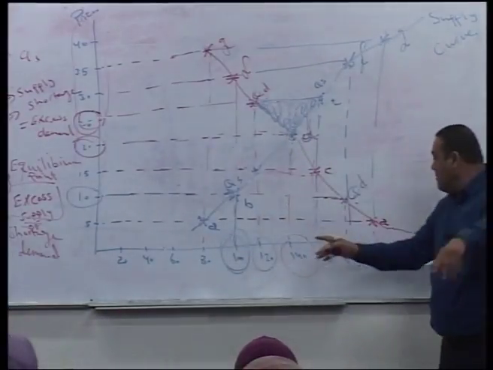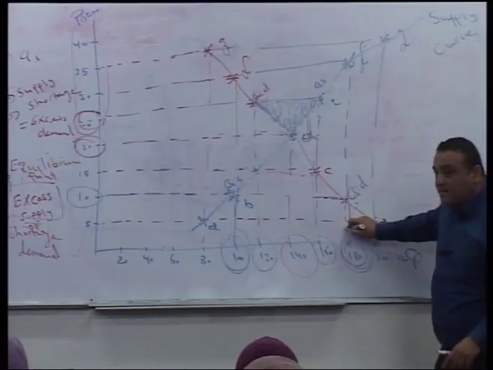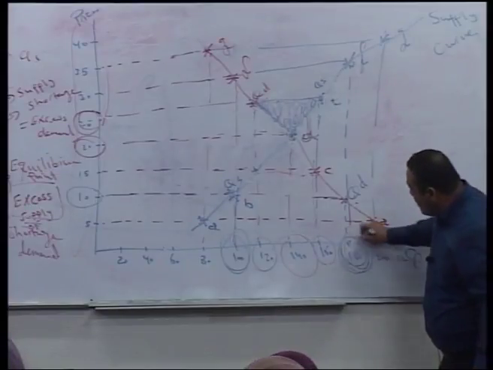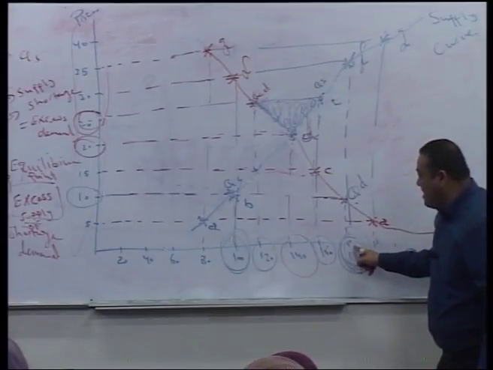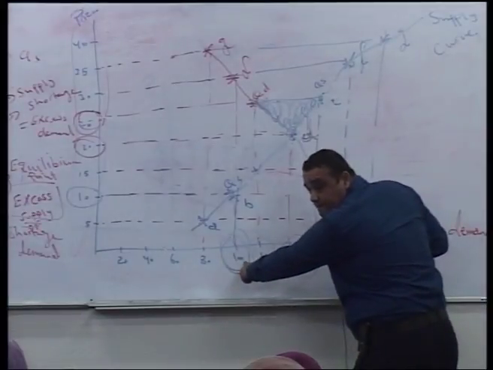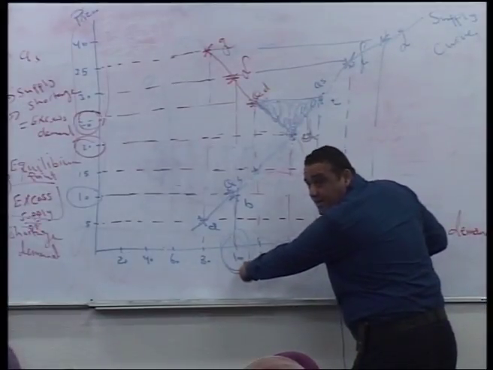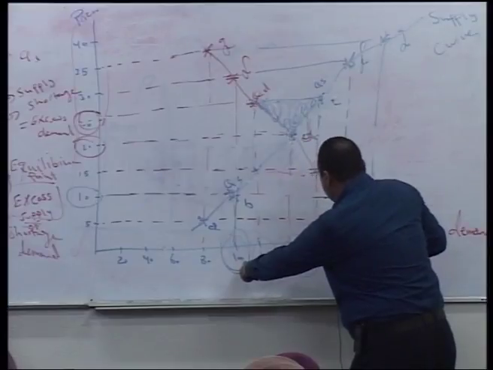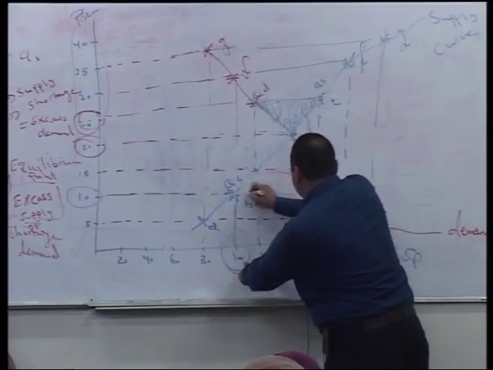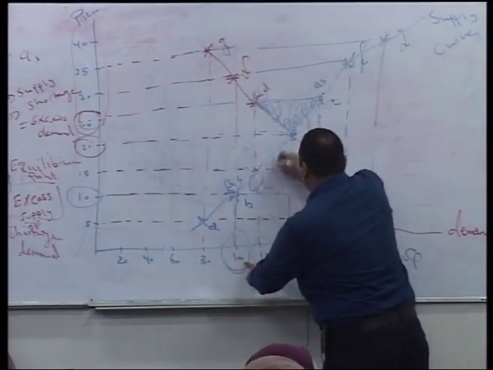So we have an excess supply of goods, sorry, excess demand, by 180 minus 100. This is excess demand. It can be shown by this triangle here.